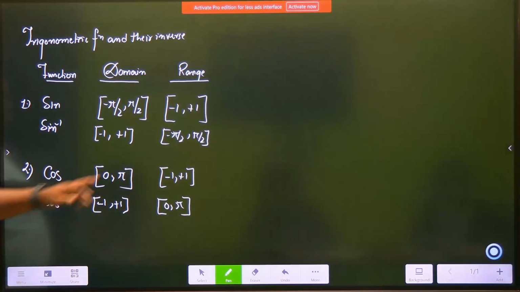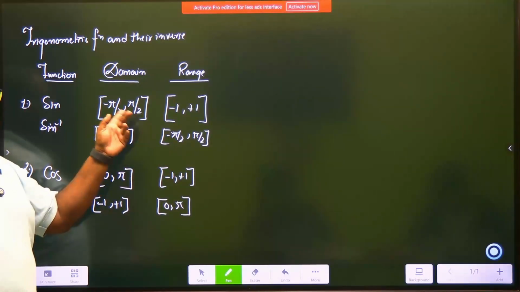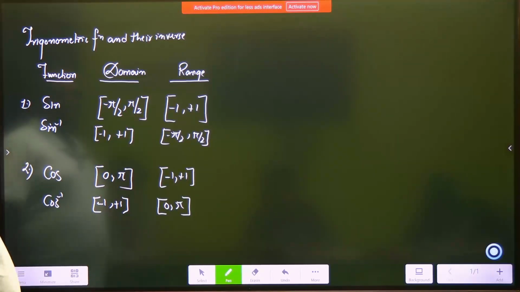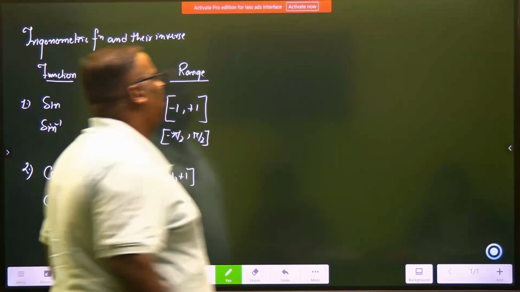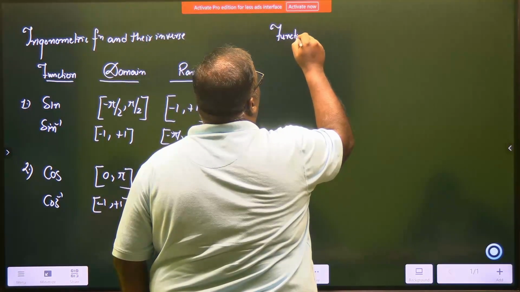Remember one thing, this is the principal range of the inverse function, whereas this is the principal domain of the proper function. Is this clear? Take your time.